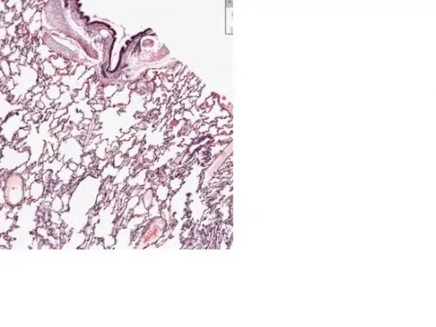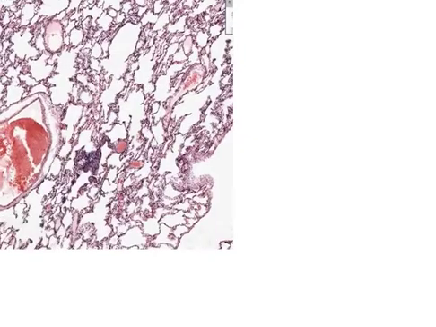If you see an airflow structure that does not have cartilage in its wall, and I bet you will find one pretty soon. Here's a little cartilage, so you have to call that a bronchus. Here you see an airflow structure where there's no cartilage, so you can call that a bronchiole. The difference between a bronchus and a bronchiole is whether there is cartilage in the wall or not.